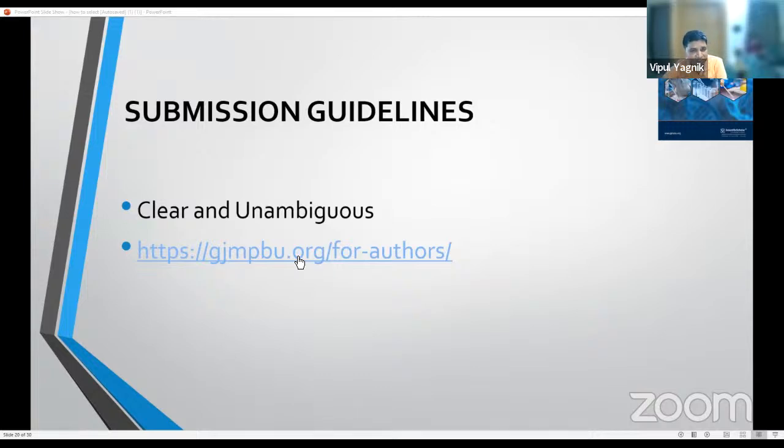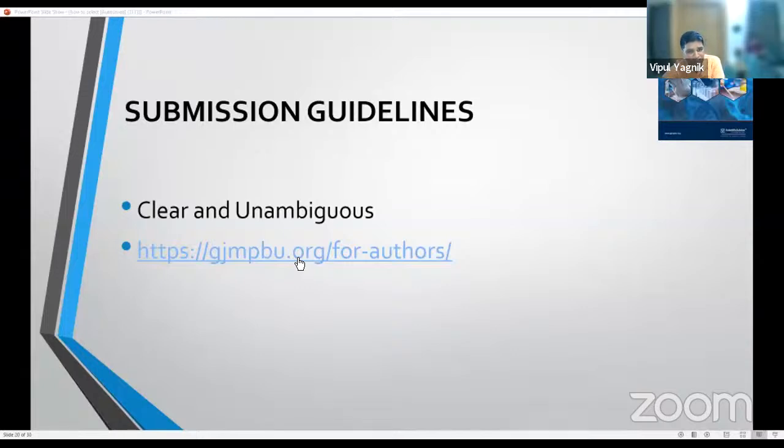Here you can see the guideline for instructions to authors, which mentions everything: how to start, type of manuscript, journal information, what the editorial process is, and what to do for submission of the manuscript. You can see everything is mentioned clearly. Whether institutional review board permission is there or not, which guideline you want to follow, these are the various guidelines.